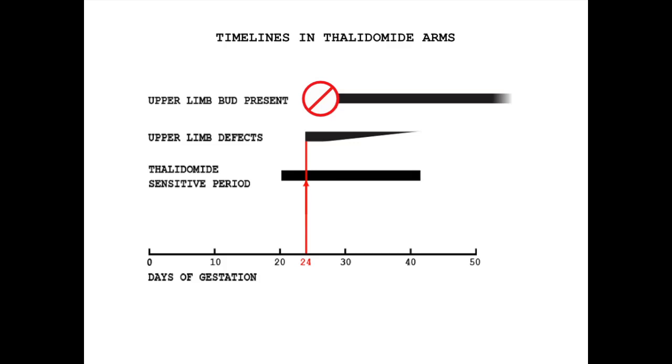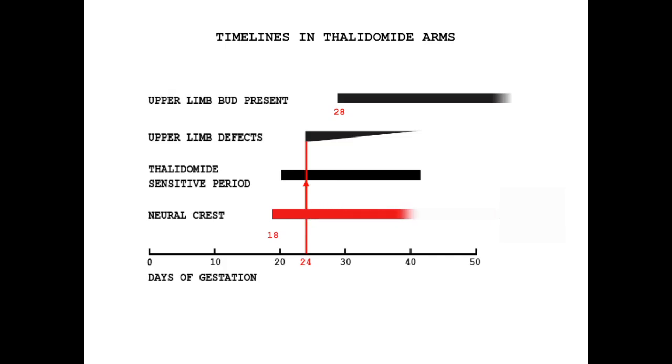Now, molecular hypotheses are located in limb buds. They cannot explain how the drug acts. Not only are the limb buds not present, but the arteries to the limb buds are not present either, so a vascular target is also impossible. But neural crest is present from day 18 and is highly active during the thalidomide-sensitive period, dividing, migrating and sprouting axons.